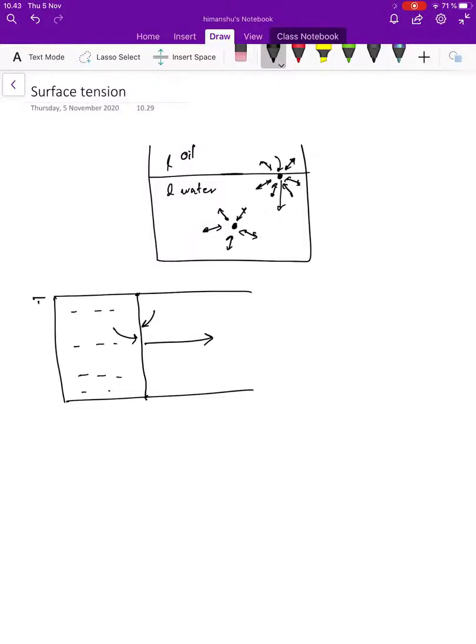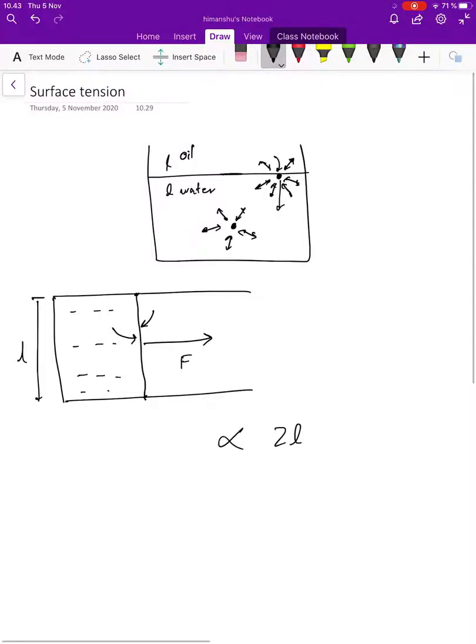And if the length of the liquid film is L, then the total amount of film is equal to 2L. And it was found that the force needed to pull this liquid film in this direction is proportional to the length of the liquid film, or the force is equal to the surface tension, which is the proportionality constant, multiplied by twice the length of the wire.